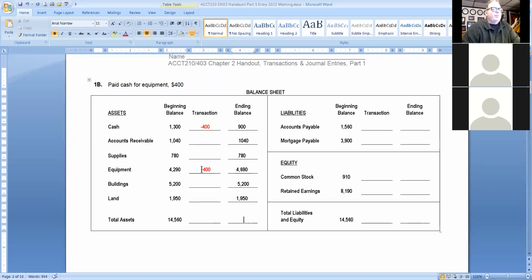If you add 400 or subtract 400 and then add 400, it should be the same number. But just to make sure.